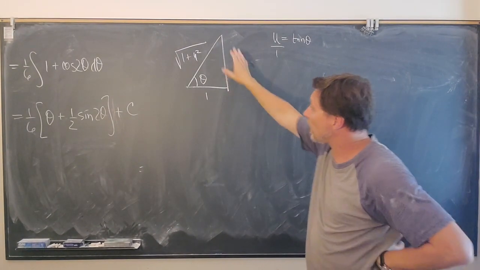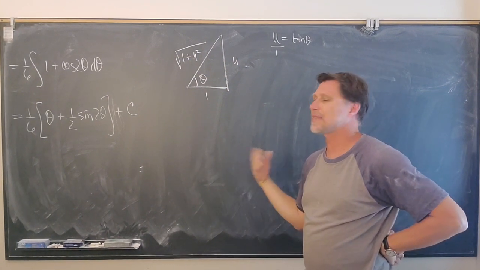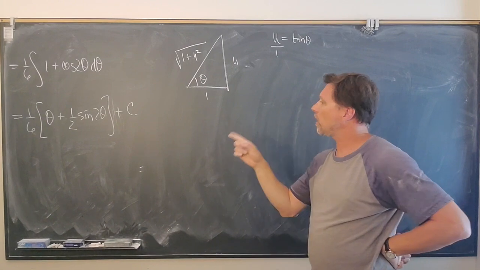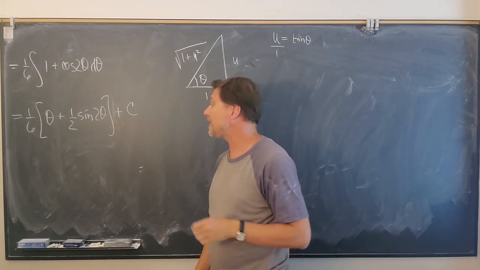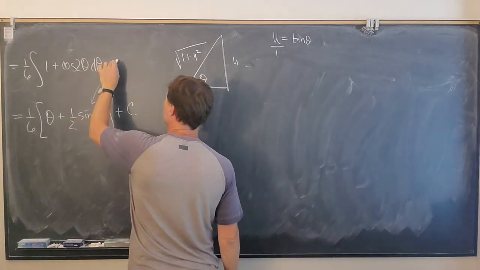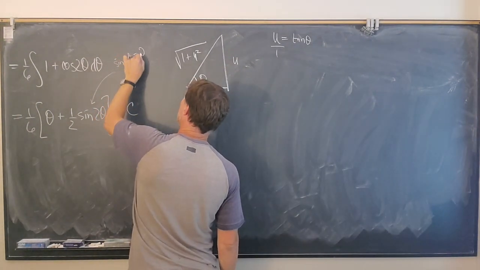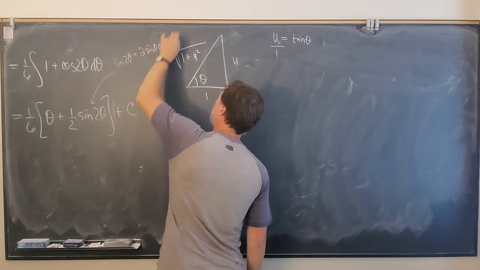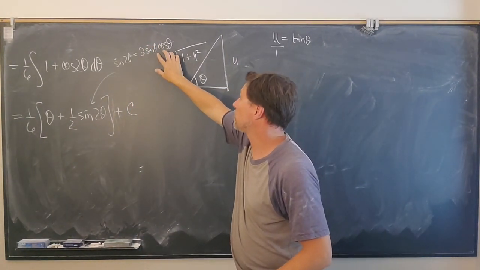Okay, so with this triangle, I could read off any trig value: tangent theta, sine theta, cosine theta, secant theta. The problem is we've got a sine 2 theta right here, so I need to apply an identity. Sine 2 theta equals 2 sine theta cosine theta. I need to get everything in terms of arguments not multiplied by 2, just plain old theta.